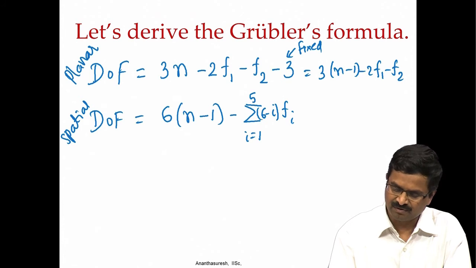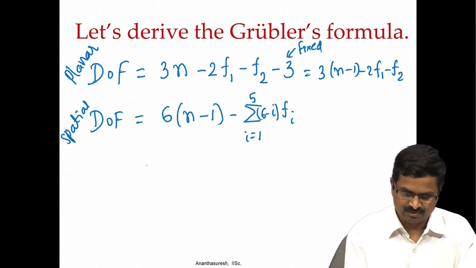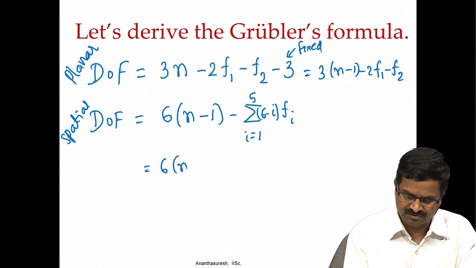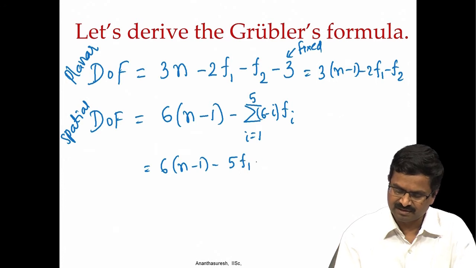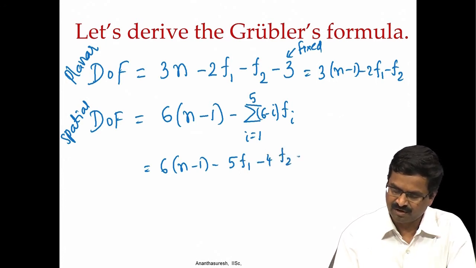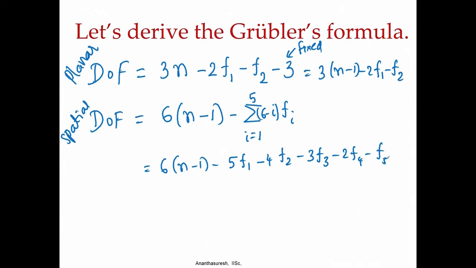Okay. So, when i equal to 1, that is F1, it is going to remove 5 degrees of freedom. So, that is how we got the formula, 6 into n minus 1 minus 5 F1, 6 minus 1, 6 minus 2, if I have F2, that will become 4, and then 3 F3 minus 2 F4 minus F5. That is the interpretation of Grubler's formula, right.